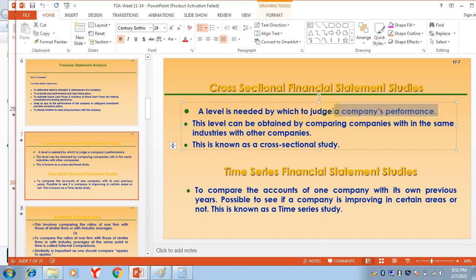This is a method used for measuring a company's performance. This level can be obtained by comparing companies within the same industry with other companies. Now, in cross-sectional analysis, what are we doing? We are comparing the performance of our company with the performance of other companies in the same industry.